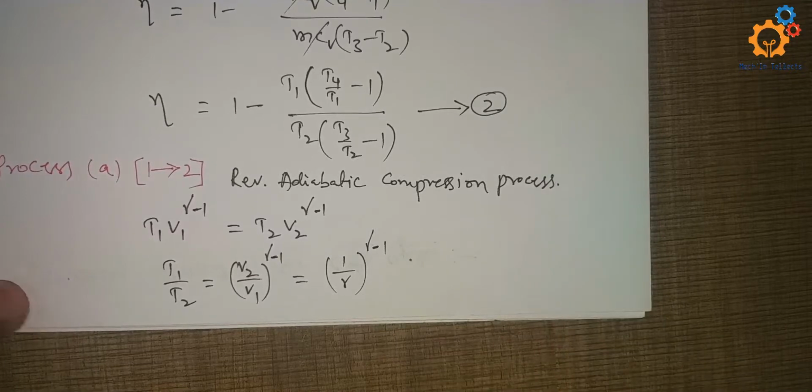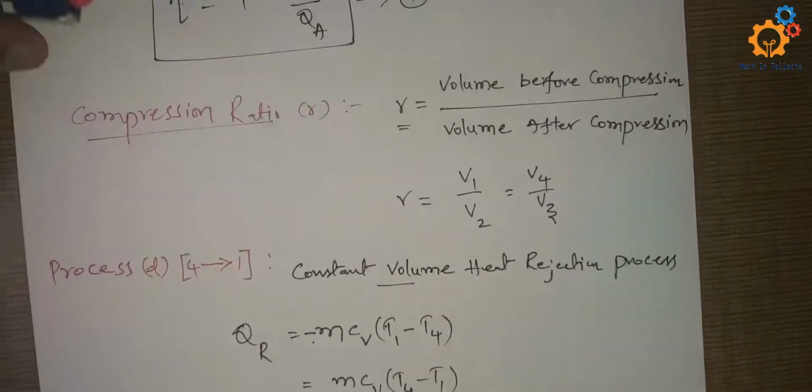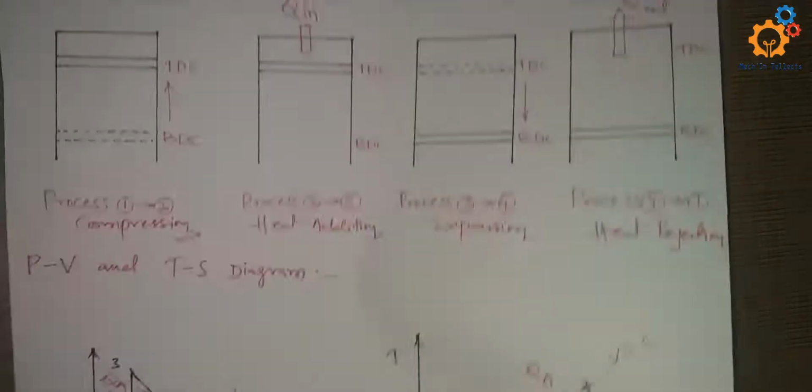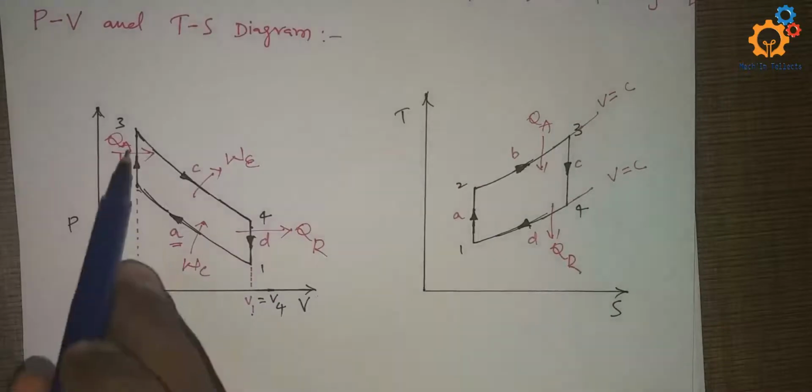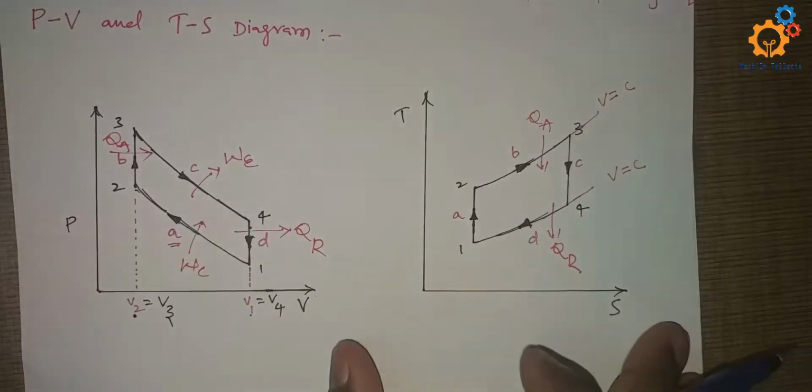In the same way, we have another adiabatic process, that is process 3 to 4, adiabatic expansion.